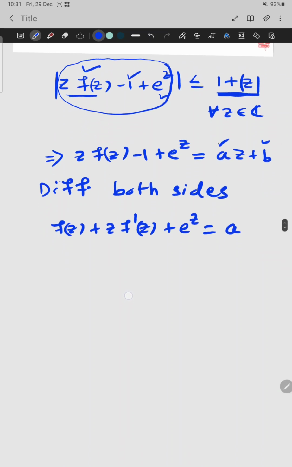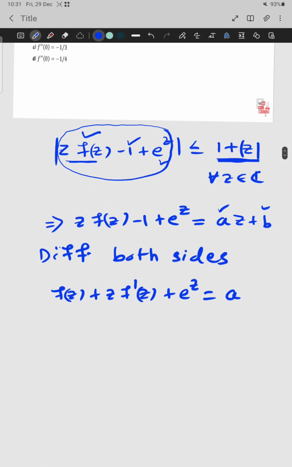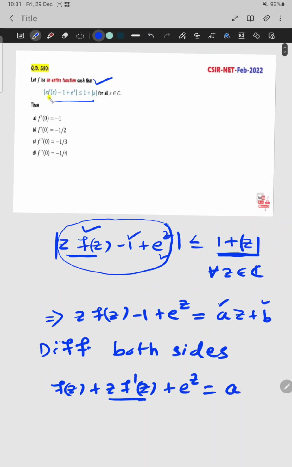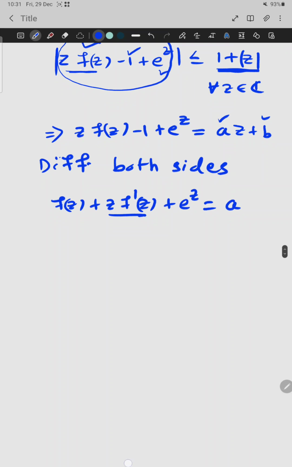If we put z equal to 0, z f'(0) will vanish because z equals 0, and we will get f(0) equal to something, but which is not our requirement because we require f'(0). So let us further differentiate it.